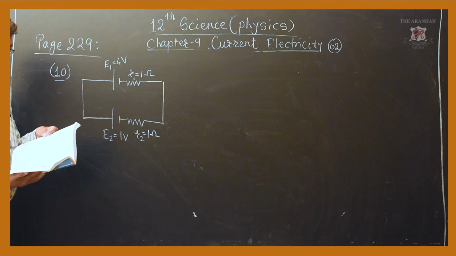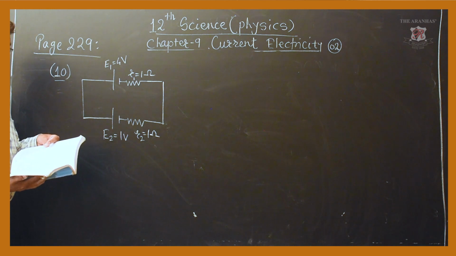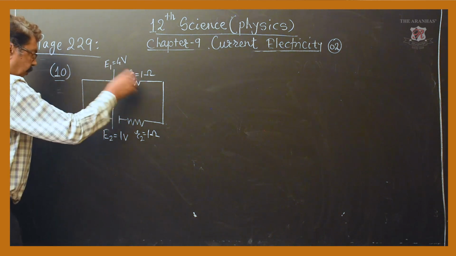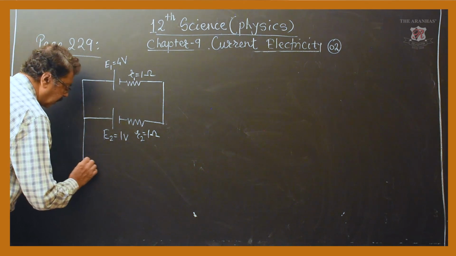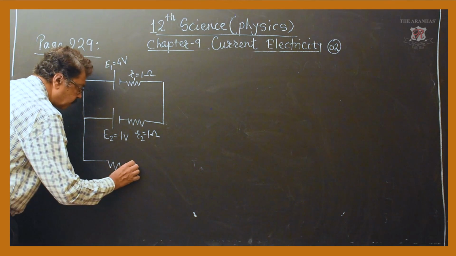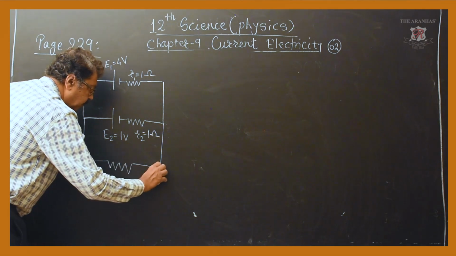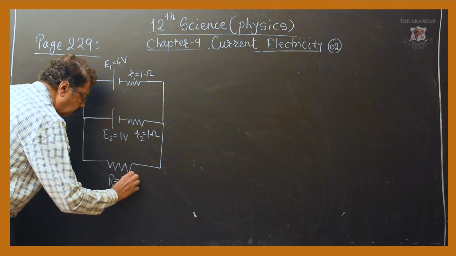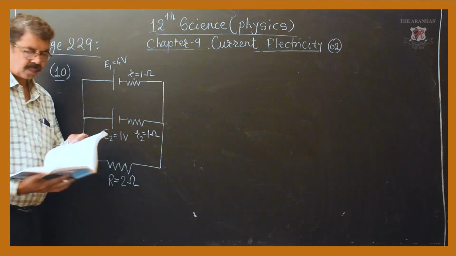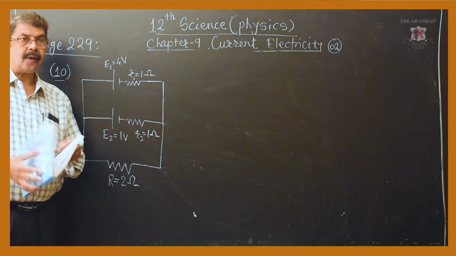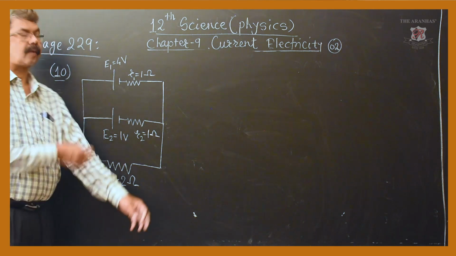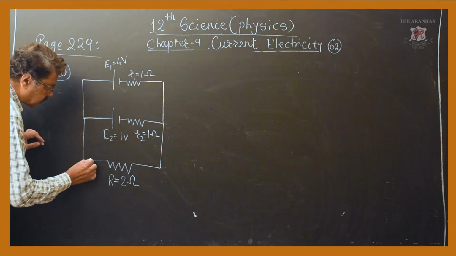The combination is used to send a current through an external resistance of 2 ohm. Whatever combination you have, that is used to send a current through an external resistance of 2 ohm. Calculate the current through the external resistance. As I told you earlier, what you want to find out is this current.